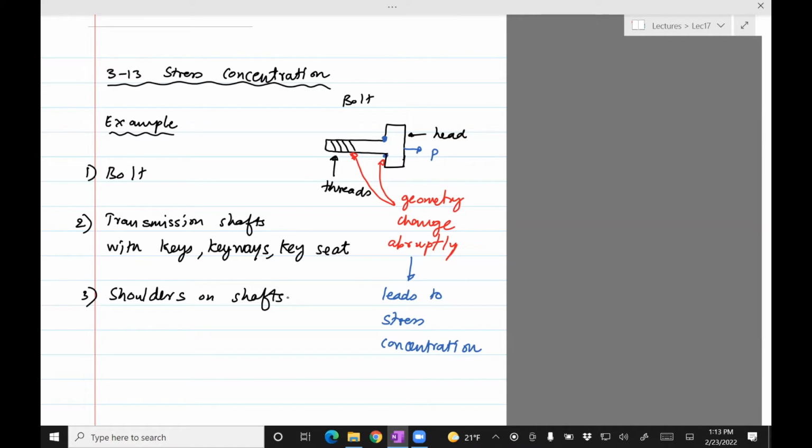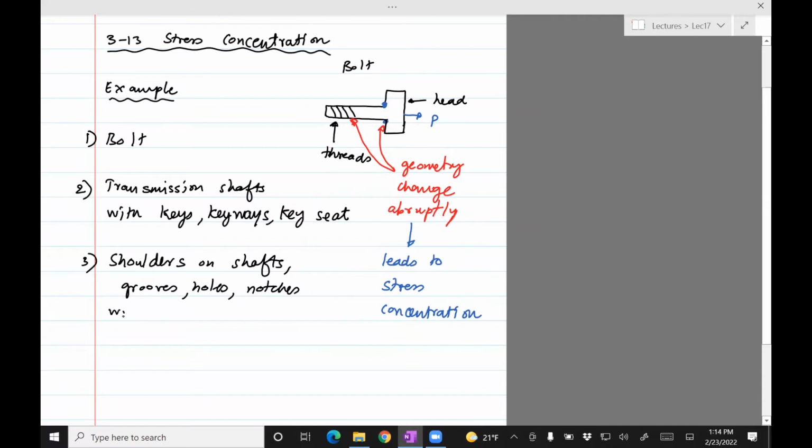So shoulders on shafts, grooves, holes, notches cause stress concentration.